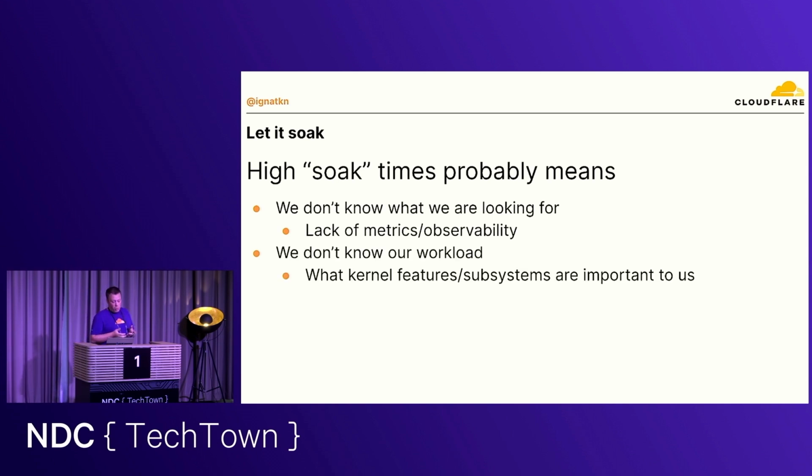It might mean also we just don't know what our workload is. I often get questions like, will the kernel upgrade break my workload? And we'll run dozens of workloads. Some of them care more about the performance of the file system. Some care about the scheduling latency in the kernel.